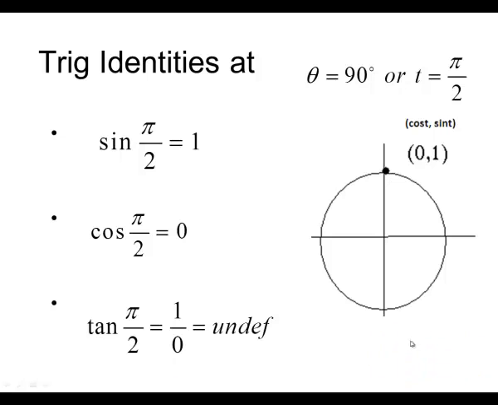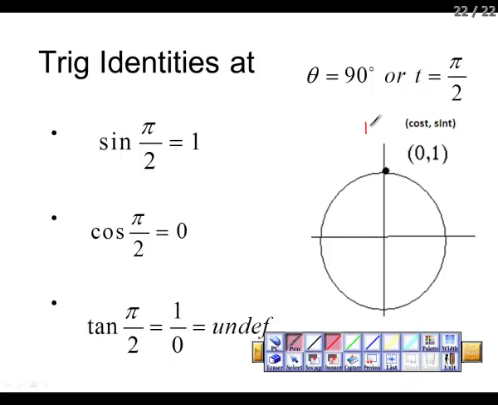And so tangent at pi over 2 is sine over cosine. Since sine is 1 and cosine is 0, tangent at pi over 2 is undefined. So we have sine, cosine, and tangent.